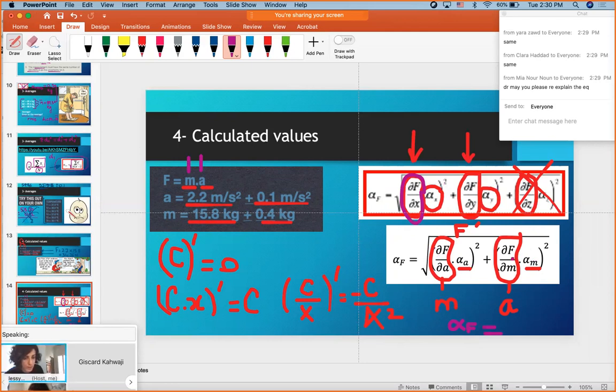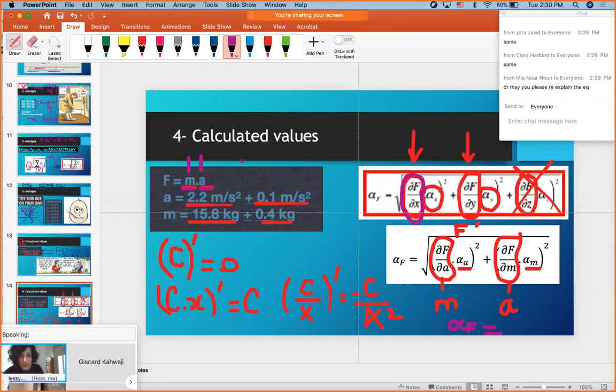It has squared plus squared and then radical of the whole thing. How do you do the derivative? As you can see, you have many variables. M is a measured value. A is also a measured value. So for every derivative I do, I take one to be my x and everything else to be a constant. Then change my x, everything else constant.